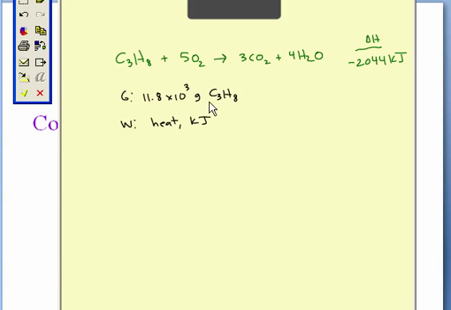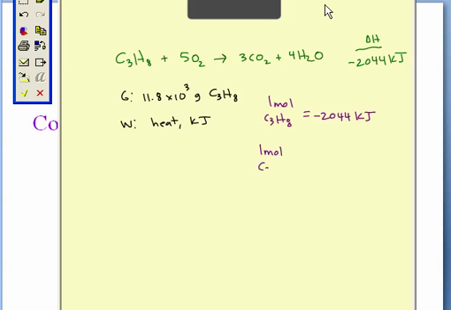So I'm given grams and I want amount of heat. This is going to be a stoichiometry problem. I need to use my relationship that 1 mole of propane is going to give me 2,044 kilojoules of heat. This is my relationship that I get from my balanced equation.